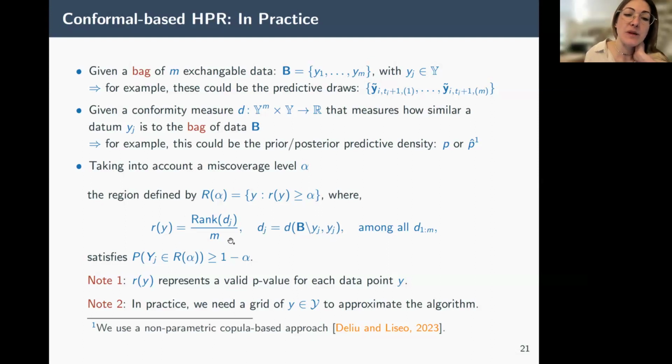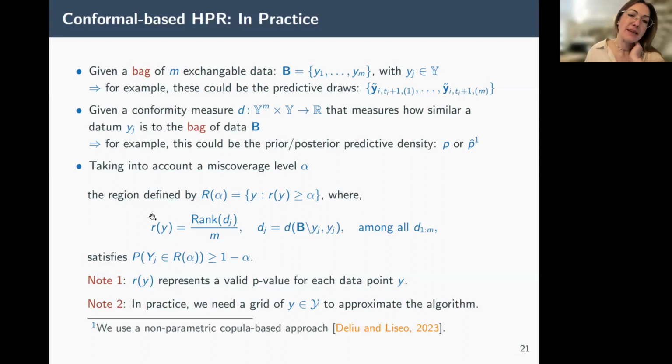And being a rank, it has some characteristics, and its characteristics allow the region, which is defined in this way with the rank greater or equal than alpha, to have some guarantees on the coverage.